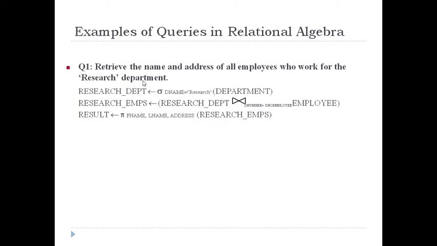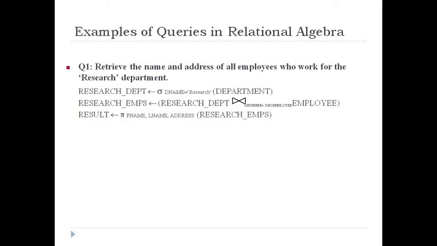So I need to map employee and department, where the name of the department must be research. Now how to match these two relations? Which attribute gives you the same information in both tables? In employee I have department number, and in department I have department number, right?